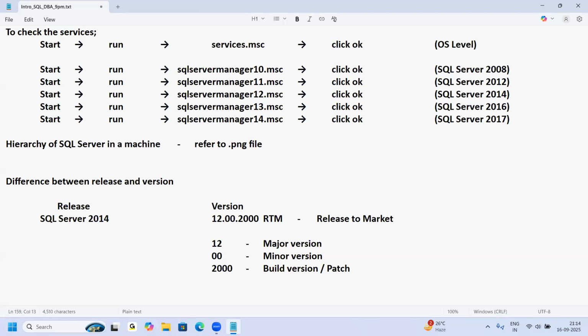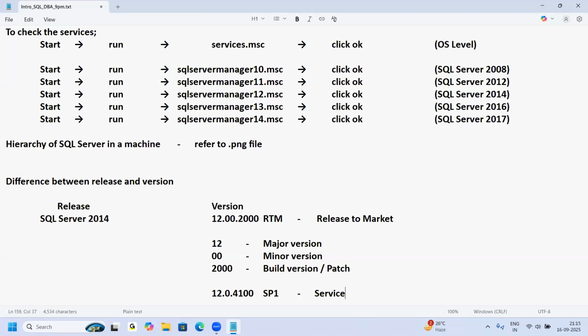What I was saying is, what Microsoft has done in SQL Server 2014, they have come up with 12.0.4100, and it is named SP1.